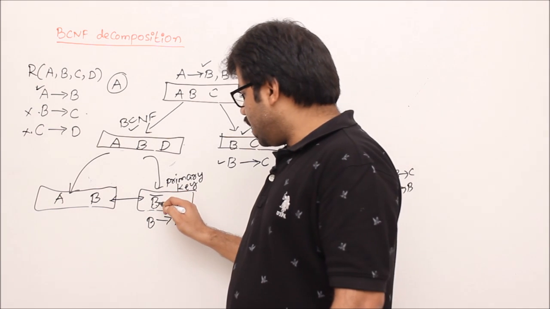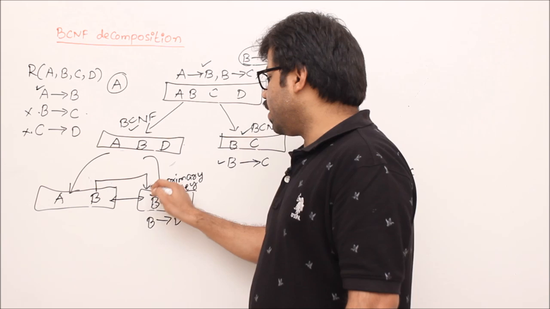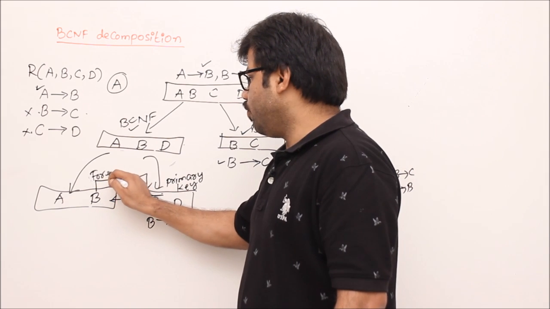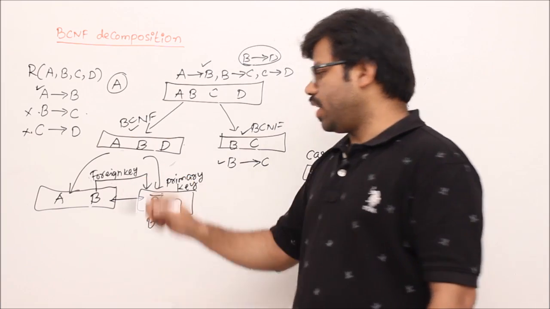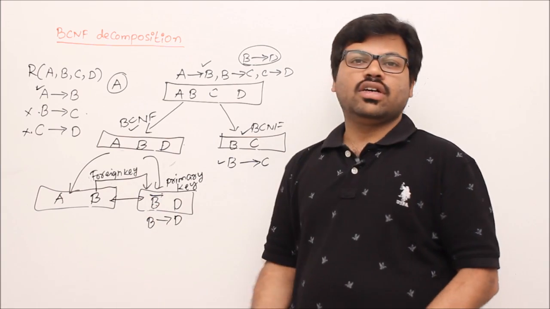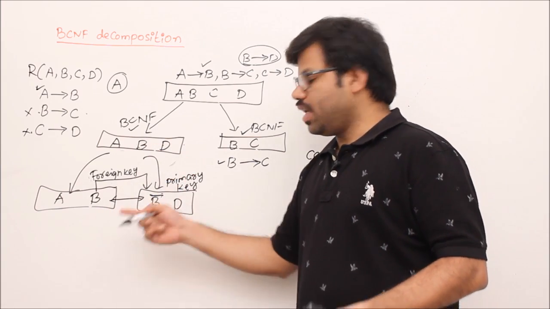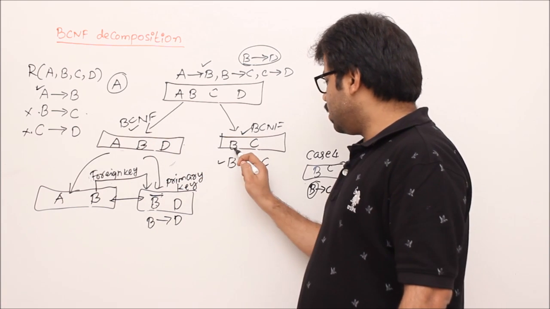So if you have such a primary key here, then we can make this B a foreign key. In the real world, we do that. The foreign key refers to this primary key so that we can maintain the link between these two tables, so that your ABD will become AB and BD. Now similarly here also this B and this B are common, right?